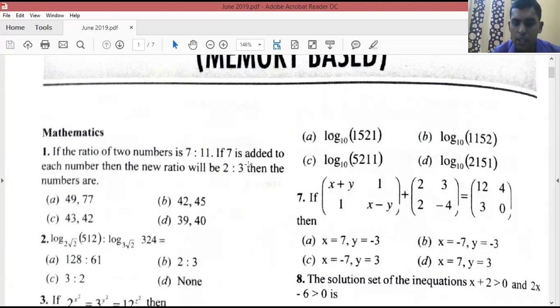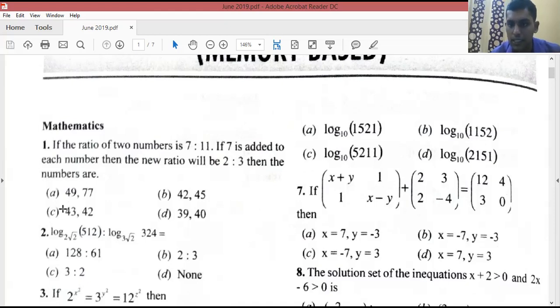If 7 is added to each number, 49 plus 7 is 56, 77 plus 7 is 84. 56 to 84 will be in the ratio of 2:3. Whether it is in the ratio of 2:3, yes. Divisible by 28 table. 28 into 2 is 56, 28 into 3 is 84, right? That's the answer. It actually took 30 seconds. This is how you have to solve this one.